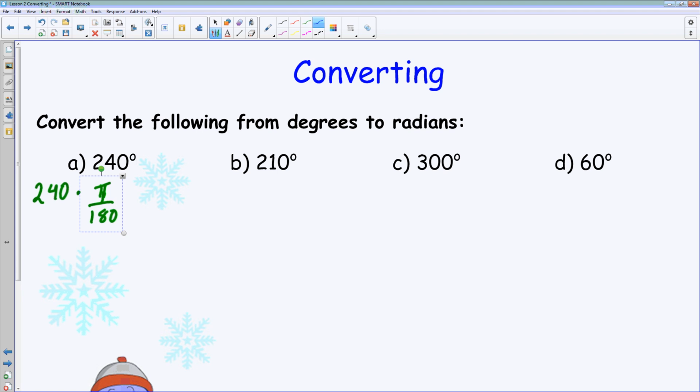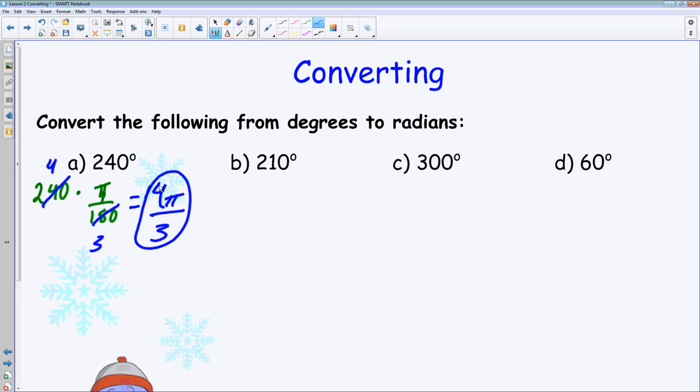When you divide 240 by 60, you get 4. When you divide 180 by 60, you get 3. So what I'm really doing is reducing the fraction of 240 over 180. In the end, my radian form is 4 pi over 3.